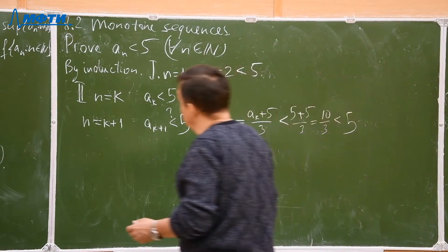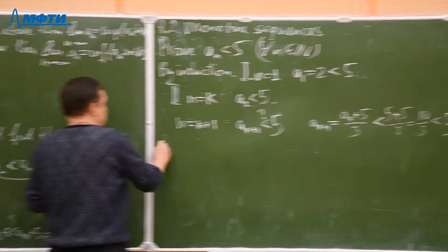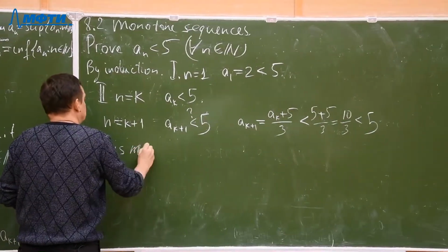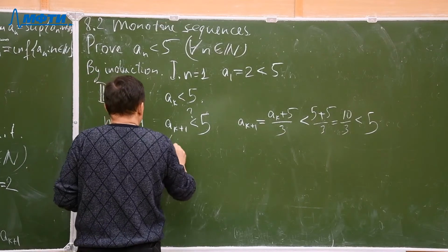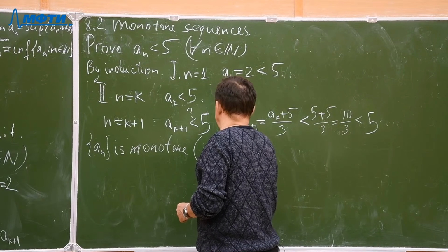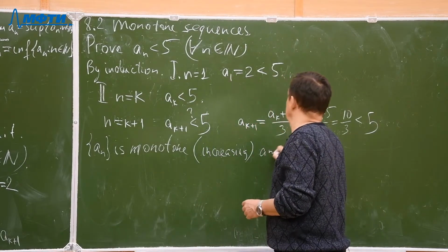Hence, we have proved that the sequence an is monotone, in fact strictly increasing, and bounded.